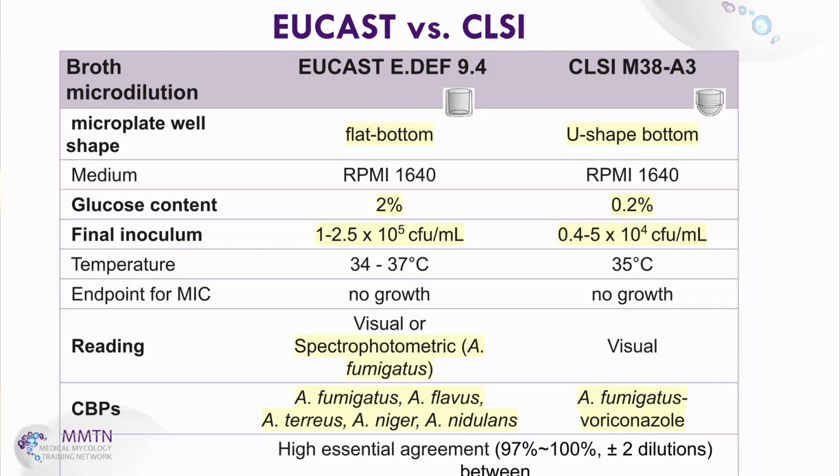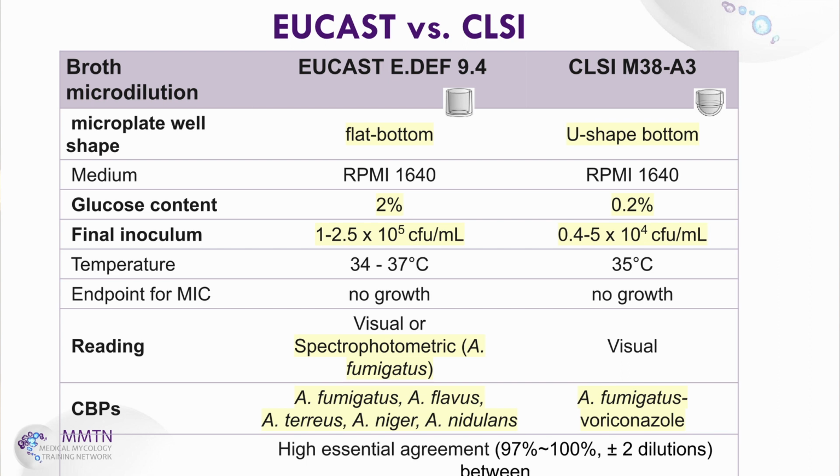So this table compares the differences between the EUCAST and the CLSI method. First, EUCAST uses flat bottom microplate wells, and CLSI uses U-shape bottom microplate wells.